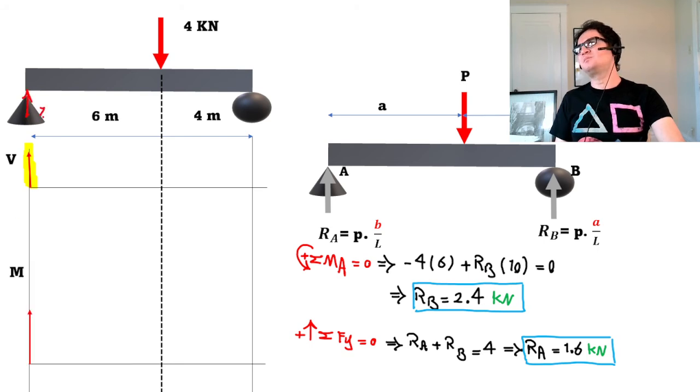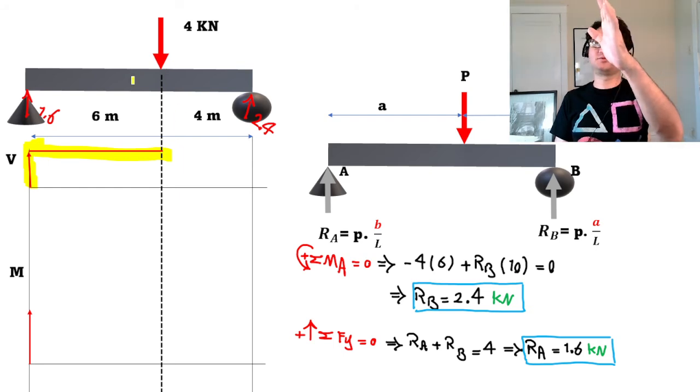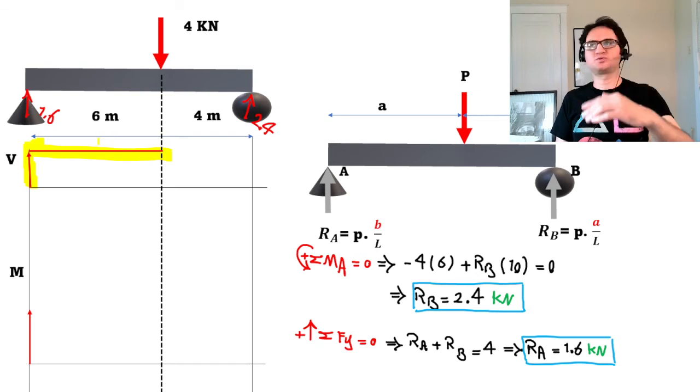So that's 1.6, and this is 2.4. And it moves to the right all the way, because from A to C, to the location of the load, there is no force to affect my shear diagram. So it just comes by a straight line.